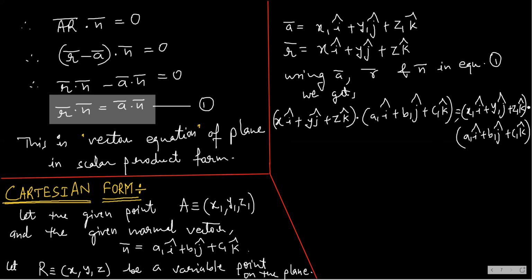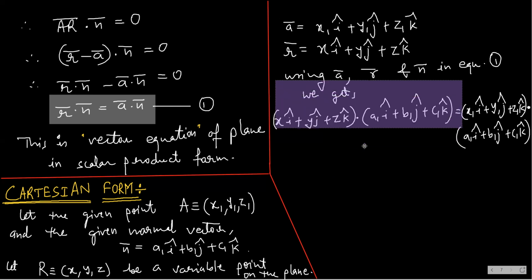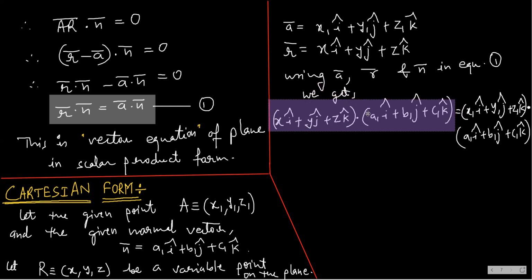Okay. Now see, you know how to take the dot product when you are given two vectors like this. So the dot product here will be a1x plus b1y plus c1z, right?